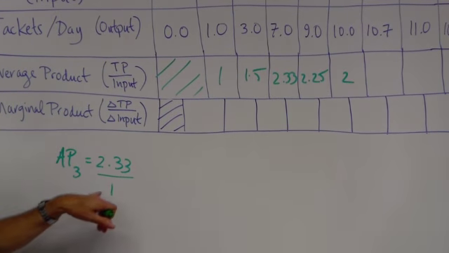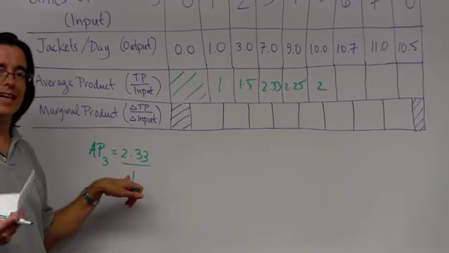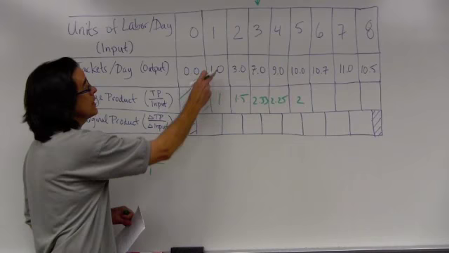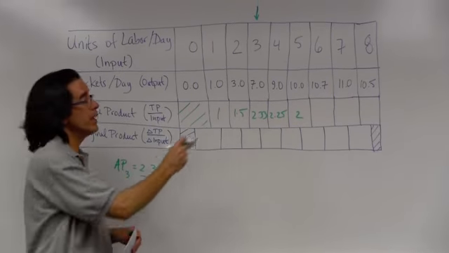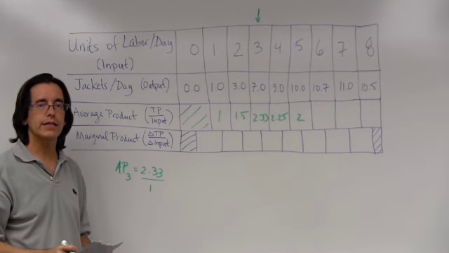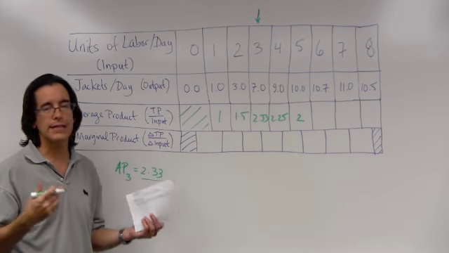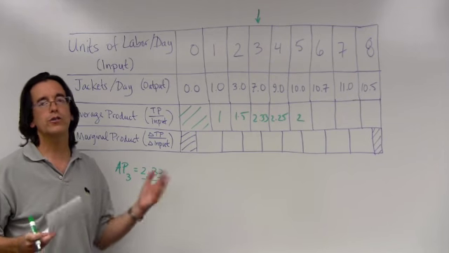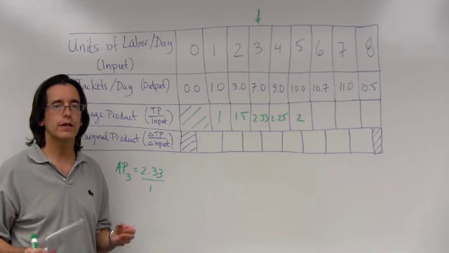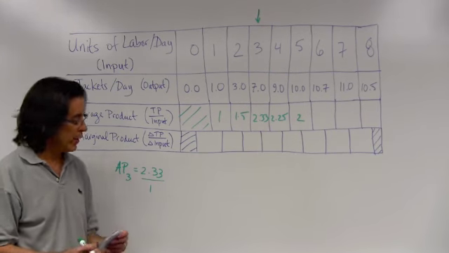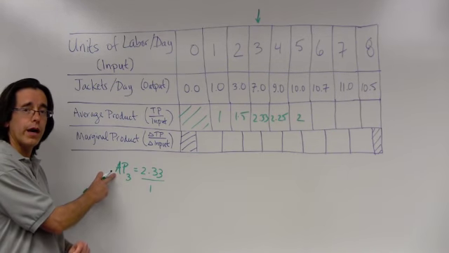But the idea is not in reality that every unit of labor is producing 2.33 jackets, because we can see here that that very first unit of labor only produced 1. But this average product gives us a very convenient and succinct manner of characterizing how productive the labor has been so far. Okay? So, again, we've looked at the average product.